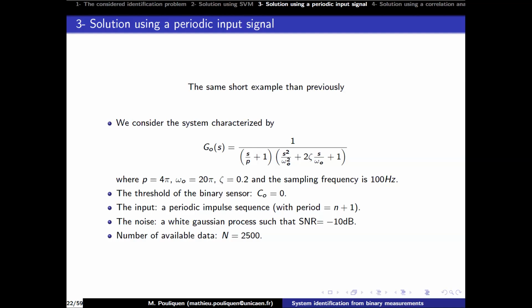You can choose either low frequency or high frequency. Is there a specific frequency to choose in order to obtain the best results, or is it independent? If you want to estimate 10 parameters, you choose a period of more than 10, like 11, 12.